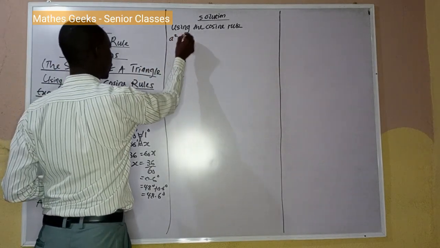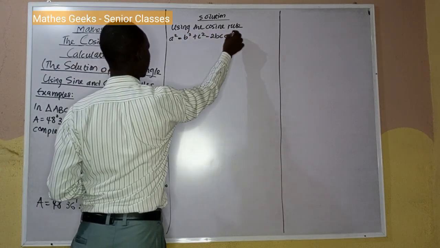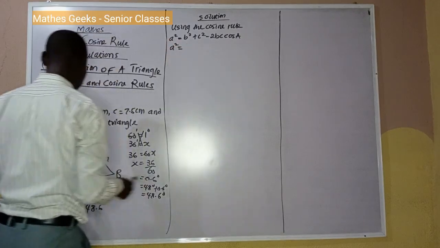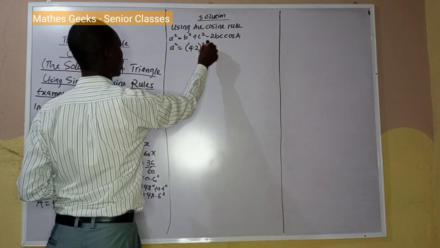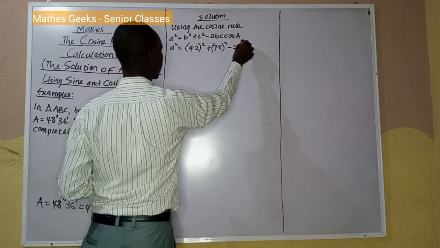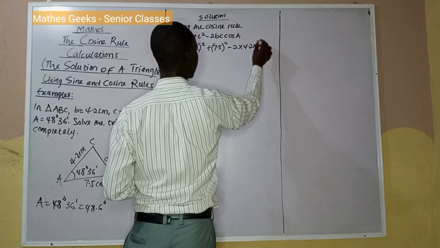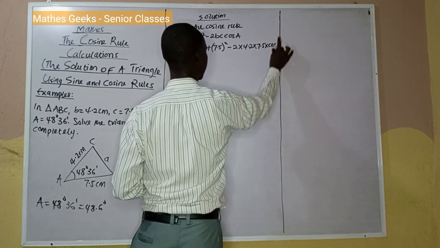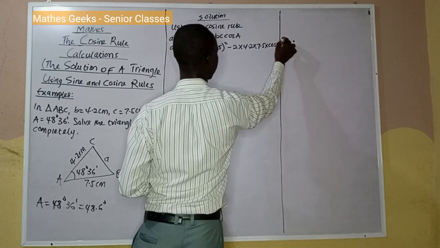So a squared is equal to b squared plus c squared minus 2bc cos A. Substituting into the formula, a squared is equal to 4.2 squared plus 7.5 squared minus 2 times 4.2 times 7.5 times cos 48.6 degrees.